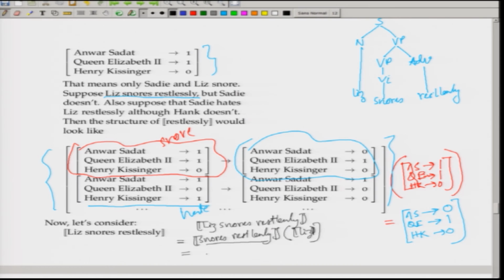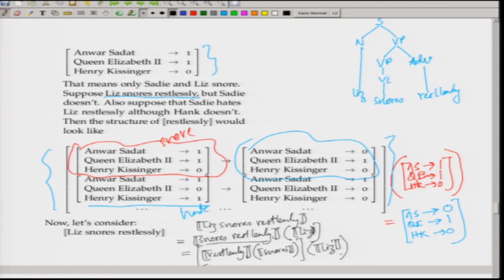How to understand it? This is actually restlessly takes this as an argument, that is snores, and then this function takes Liz as an argument, and finally the result comes out.